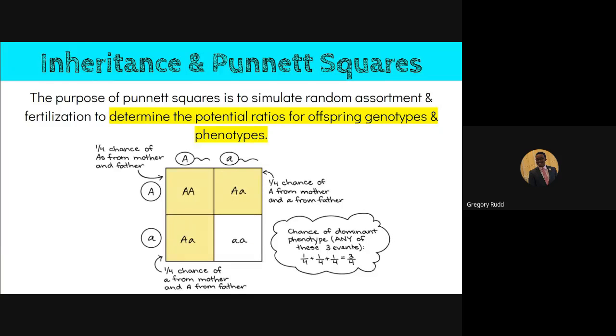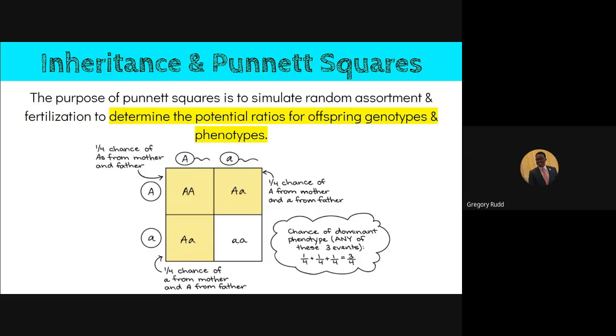And when we think about this process of inheritance, we've also got to acknowledge that a portion of it is totally random. In this process of fertilization, when the egg meets the sperm, or when the sperm meets the egg, I should say, there's no way of really knowing what the outcome of that fertilization will be.